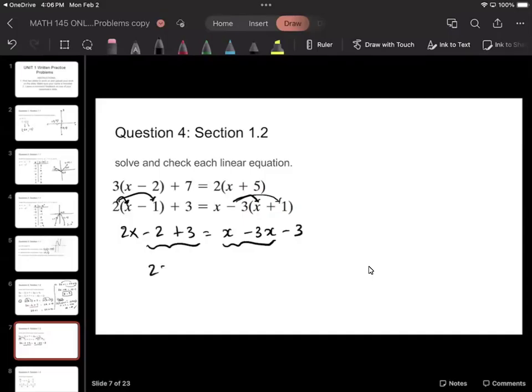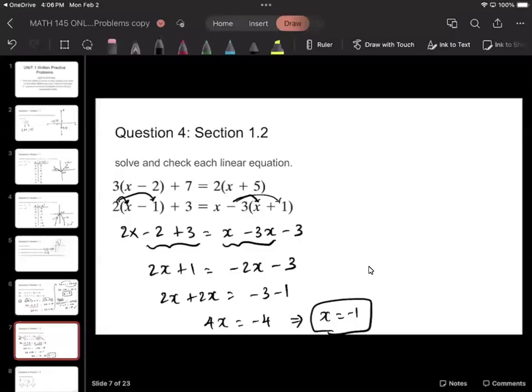So you have 2x plus 1 is negative 2x minus 3. So when this negative 2x goes to the left, it becomes positive 2x. When this one goes to the right, it becomes negative 1. So I have 4x equals negative 4, which means x equals negative 1.